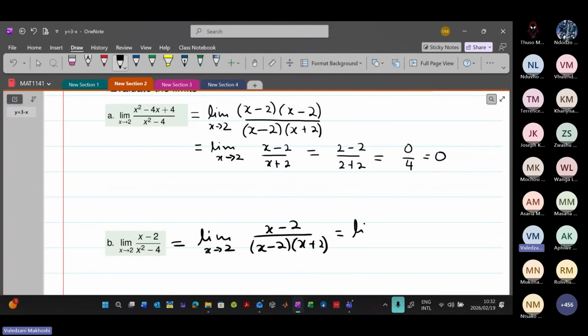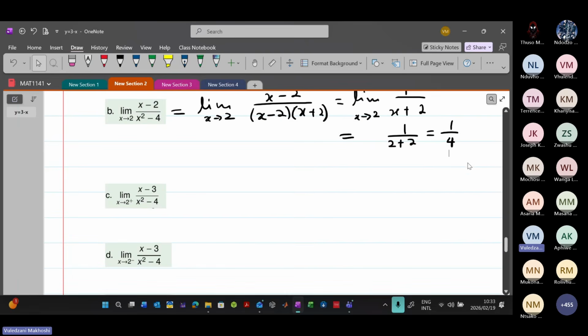So we have the limit of 1 over x plus 2 when x is approaching 2, which is 1 over 2 plus 2, which is 1 over 4. Straightforward.